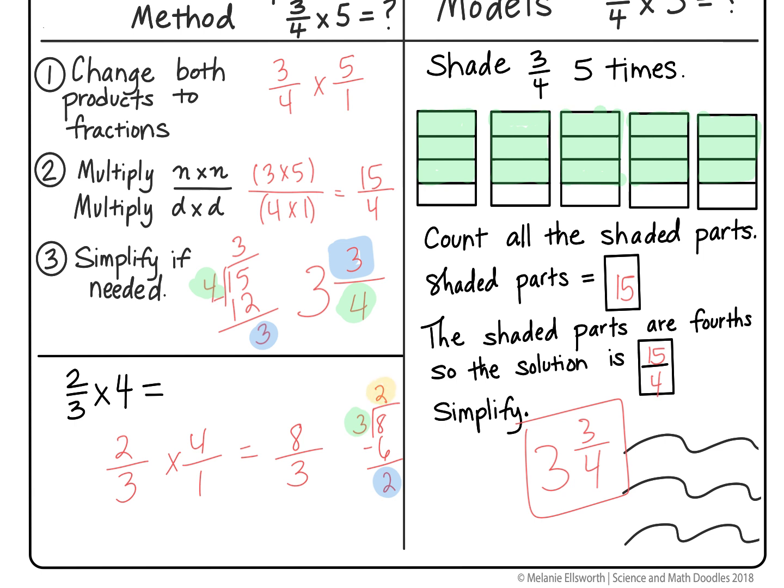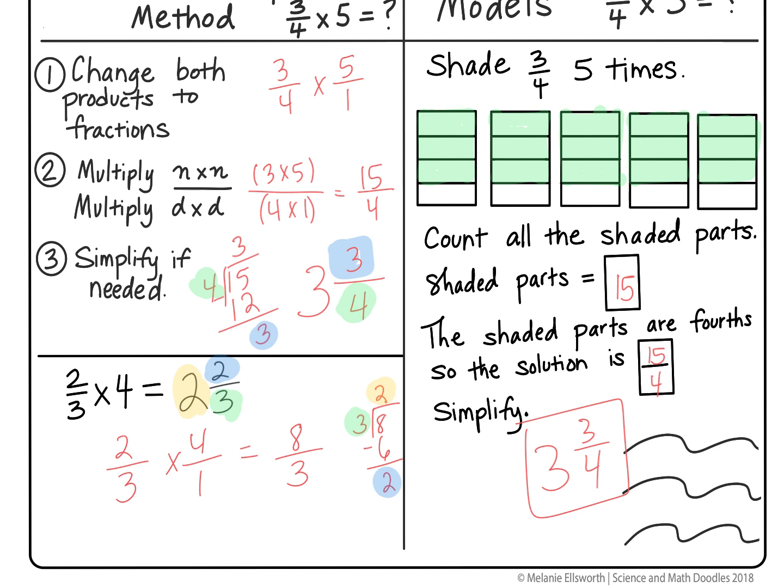So when I write my answer, I have 2 and 2/3. Again, the number at the top, my quotient, that's my whole number. My remainder is my numerator, and the divisor is the denominator. That's just refreshing that improper to mixed number, if you forgot. Okay, that's the first one.